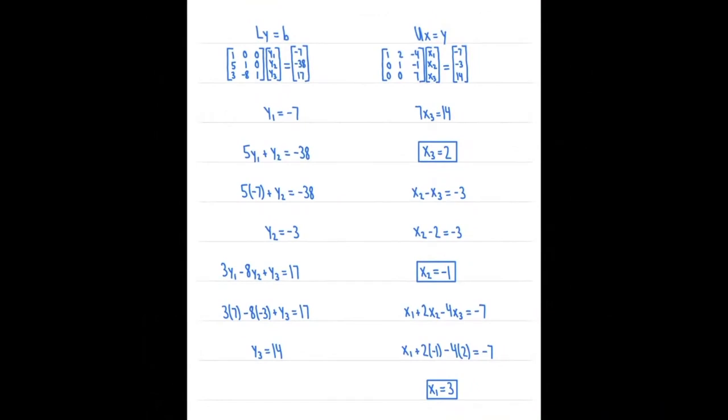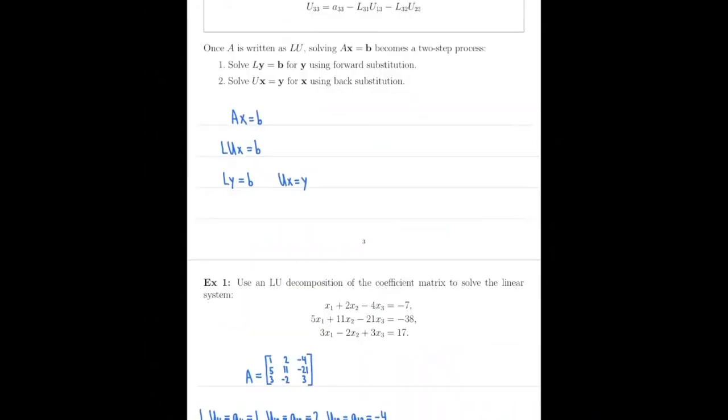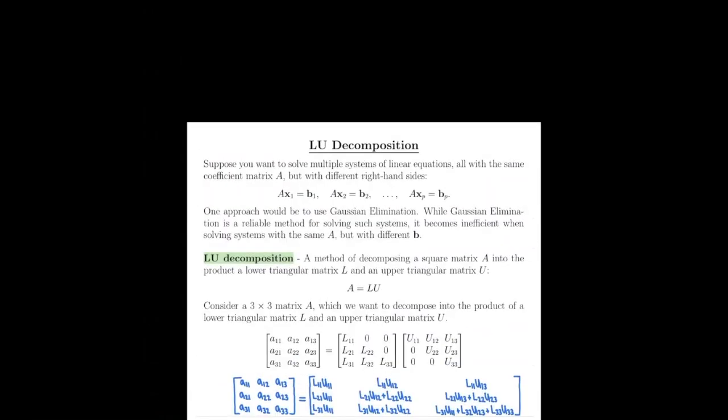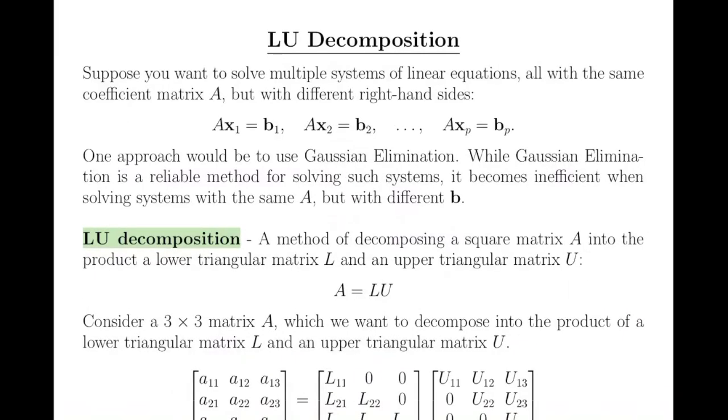Isn't this supposed to solve the fact that it would be less efficient to do it a different way, like using Gaussian elimination? Yes, the reason why we're doing this is because, back to the original problem, if you have the same A for a bunch of systems of equations but different B's, you don't want to use Gaussian elimination on each one. That would take forever.